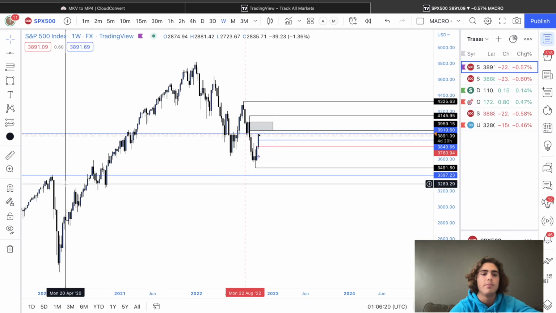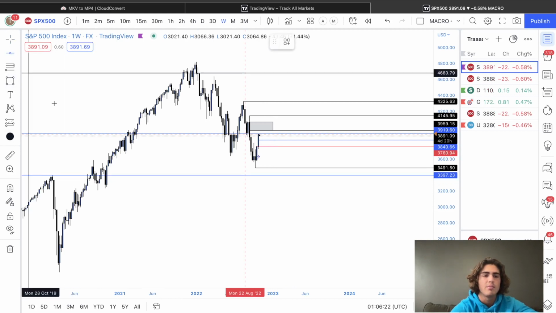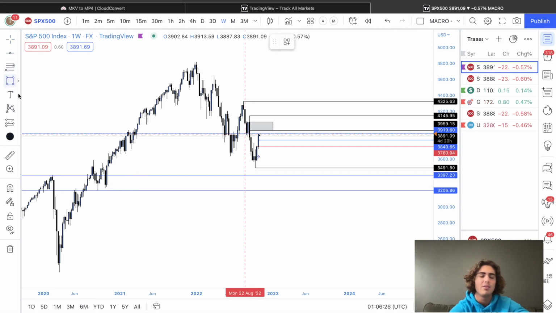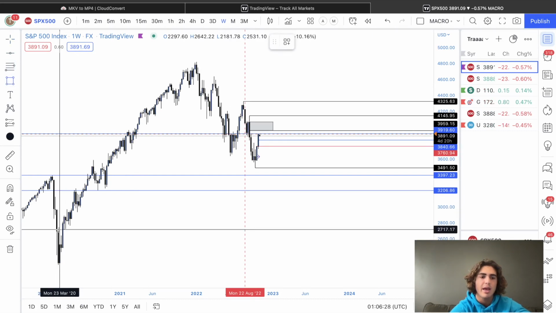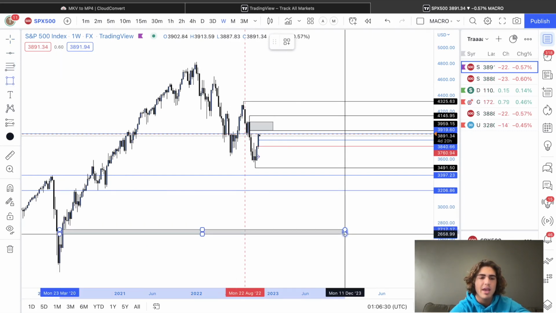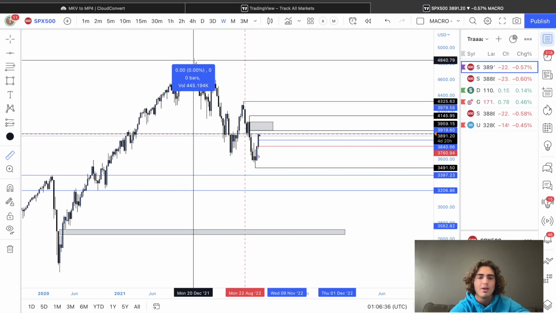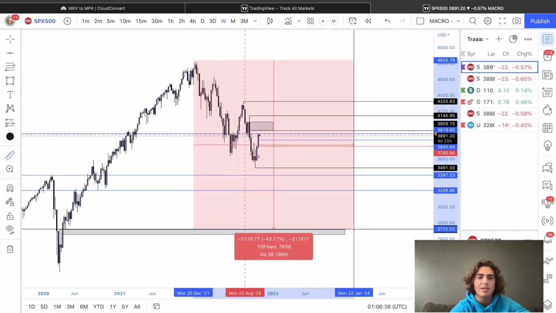All right, so this level looks good. We have this level right here. And then if we're being really scary, we have a fair value gap from COVID all the way down here. And I was talking about this in the first video, okay? From the high down to here is a 43% retracement. You're probably thinking, no, that's crazy.